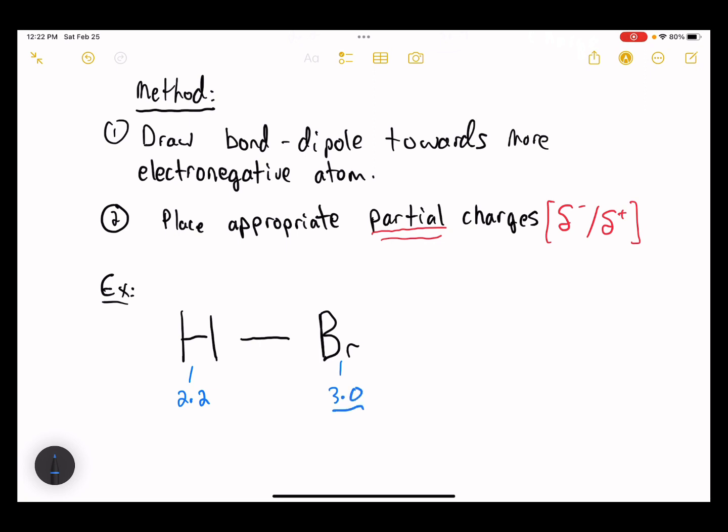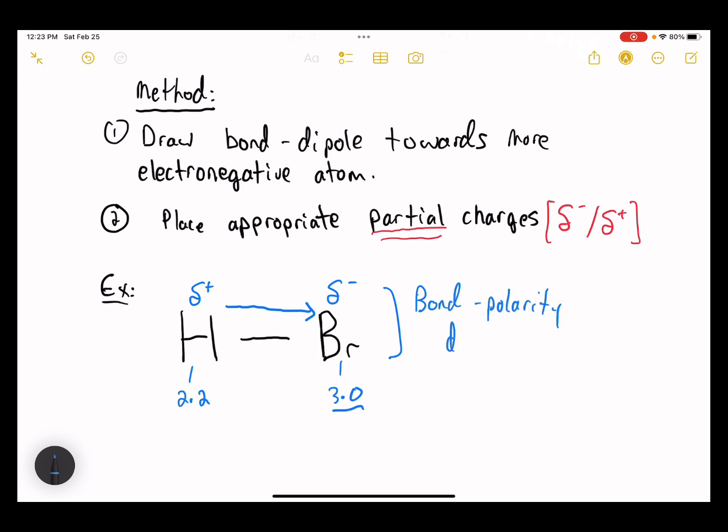Since bromine has a higher electronegativity, I draw the bond dipole towards bromine, making it partial negative, not a full negative, since it's not an ionic compound. And since hydrogen almost loses its electron, it'll be partially positive. This is the complete bond diagram, or we can even call it the bond polarity diagram.